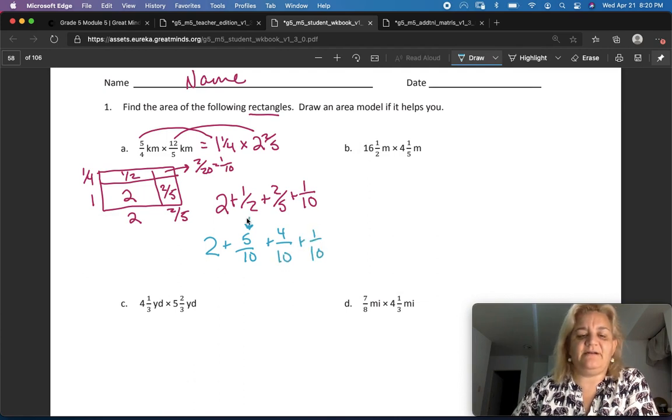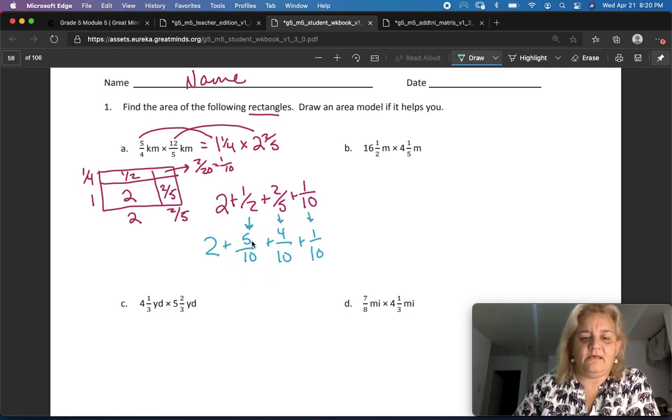And if you don't remember how I did that, I just multiplied 2 times 5 to get 10, and 1 times 5 to get 5. There are my new fractions. Now I can add them pretty easily. 2 plus 5/10 plus 4 is 9/10 plus 1 is 10/10. So 2 plus 10/10 is in fact 3.